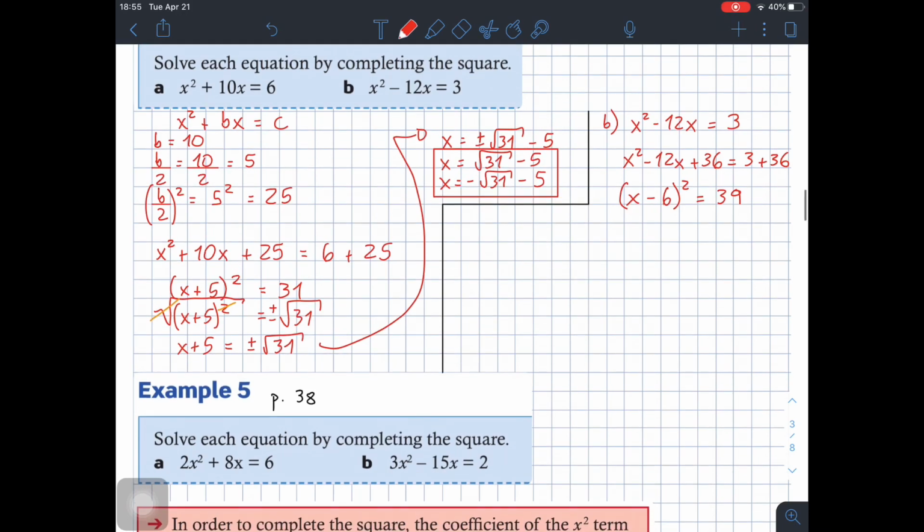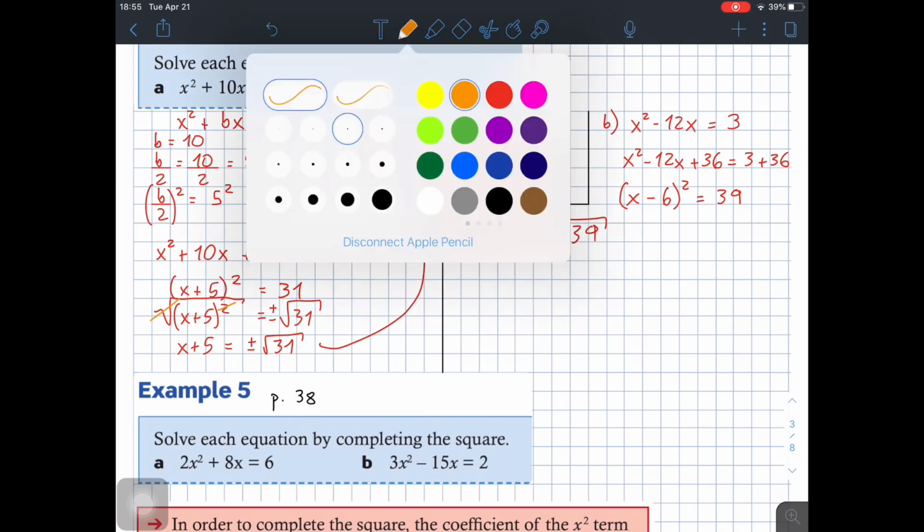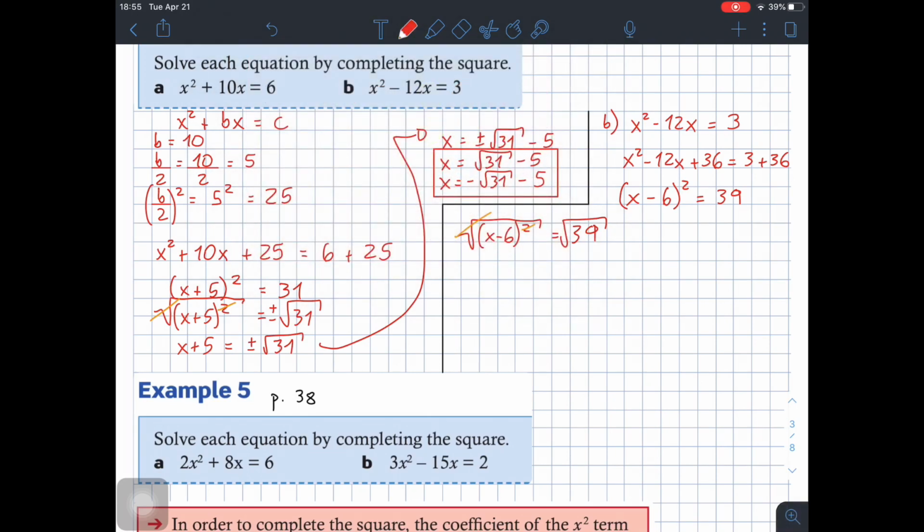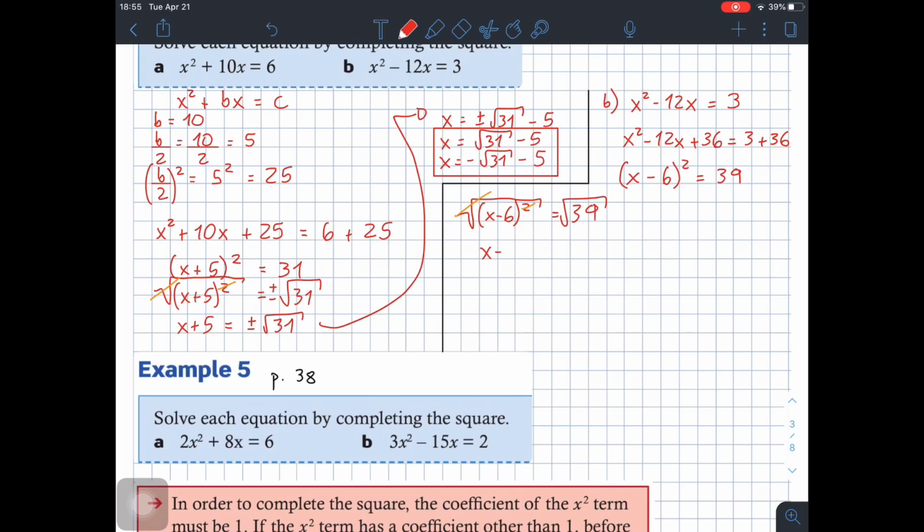So we would just have to take the square root of x minus 6 squared equals 39 square root. We eliminate the square root with the second power. So we get x minus 6 equals plus or minus the square root of 39.